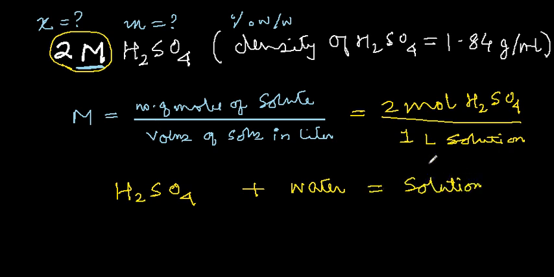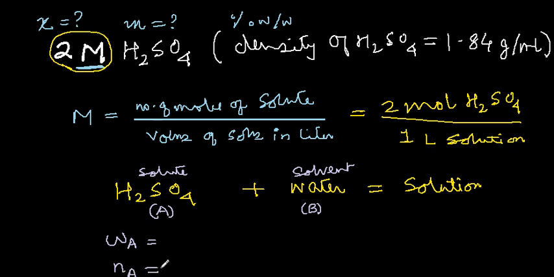It's better if we write some representative form for the solute and the solvent that we are using. So for the solute, which is sulfuric acid, let's keep the representation A, and for the solvent, that is water, let's keep the representation B. The amount of the solute and the amount of the solvent can be represented by the weight and by the number of moles.